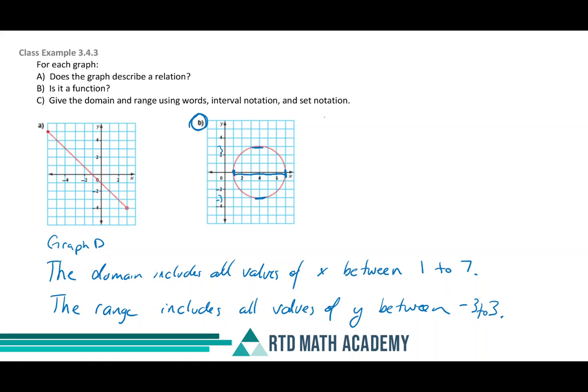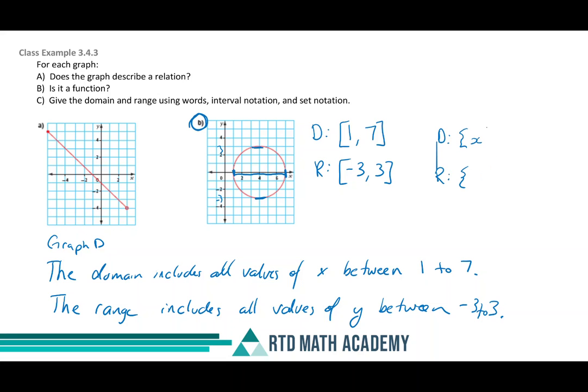Okay, so in interval notation for the domain, we start with the lowest number and we go up to the highest number. That's an interval there. And we're inclusive of both, so we're going to have square brackets around both. And our range is going from our smallest value to our largest value, again including both. If we are going to be doing this in set notation, then we are going to open up our squiggly brackets.